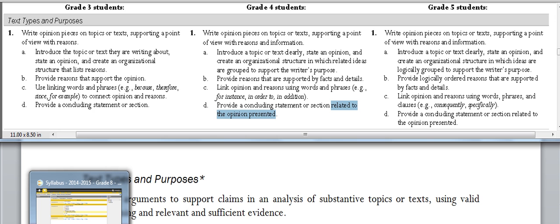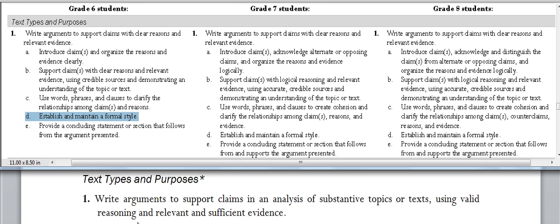Moving up to middle school, grade levels 6, 7, and 8 have an additional criterion added, and that is item D, establish and maintain a formal style.